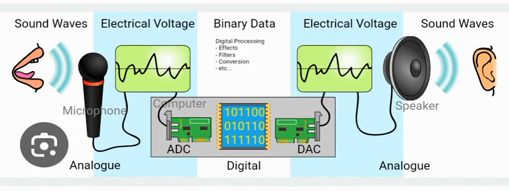Hello, so let's have a look at this very beautiful picture explaining the typical concept in electronics of transmission and reception of an electronic signal, especially in the domain of acoustics or sound.